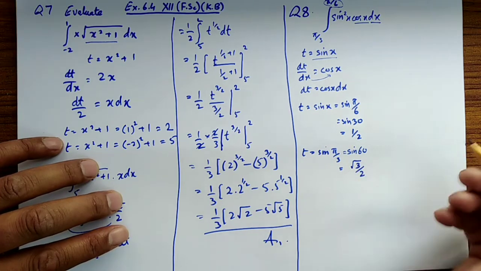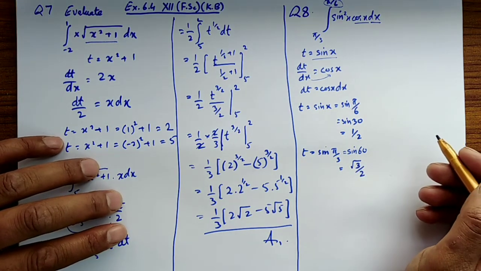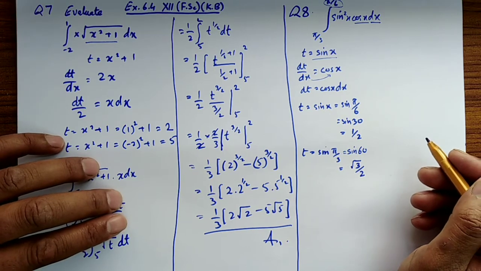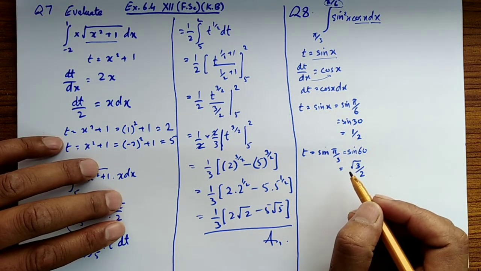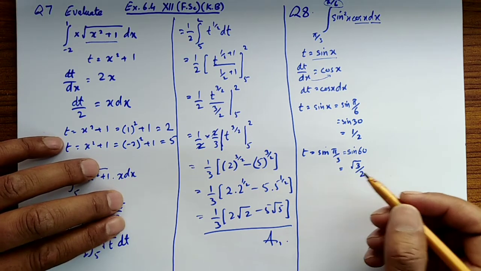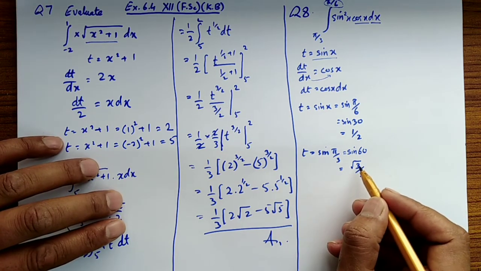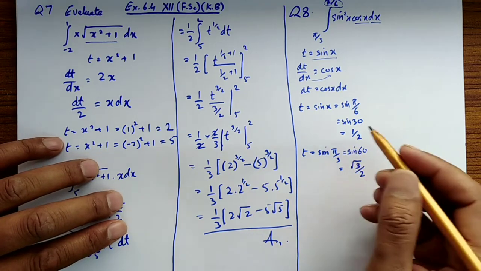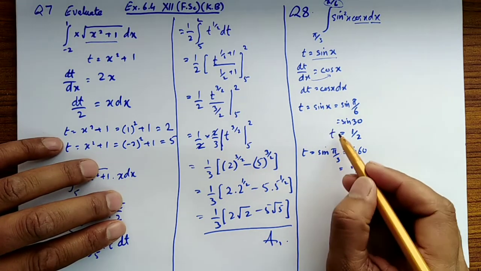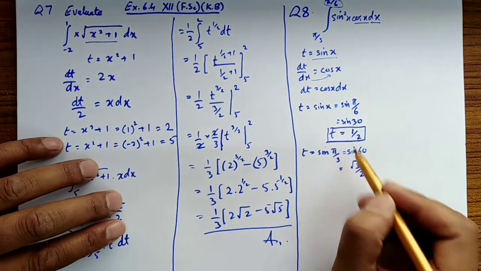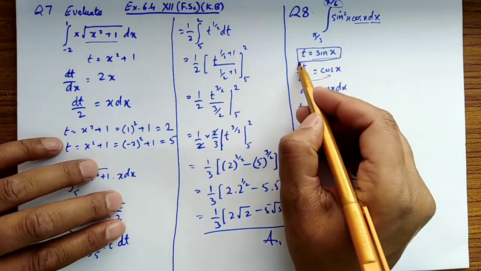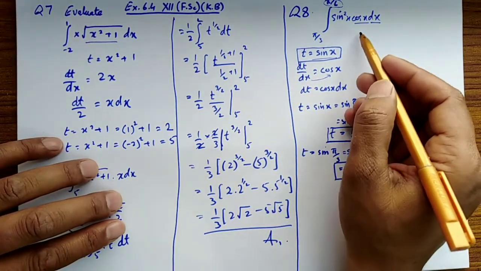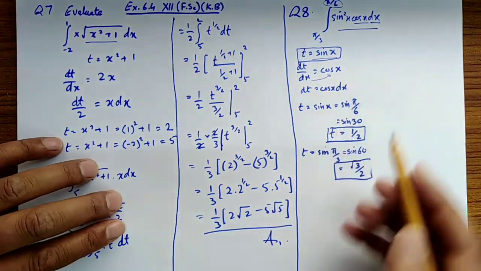Yes, if you look into the table given in the first year book, there is a table available which gives such values. There are certain fixed values given in the table. So this is root of 3 upon 2 for sine 60. Now using these values, just put all the values into the original question.